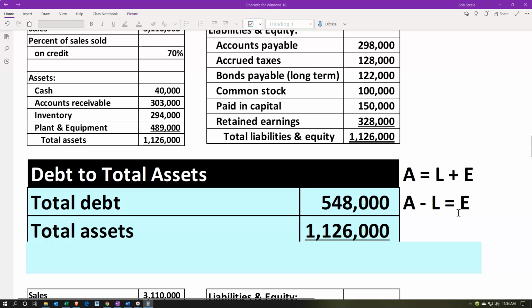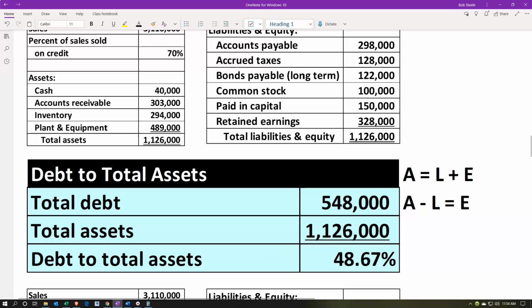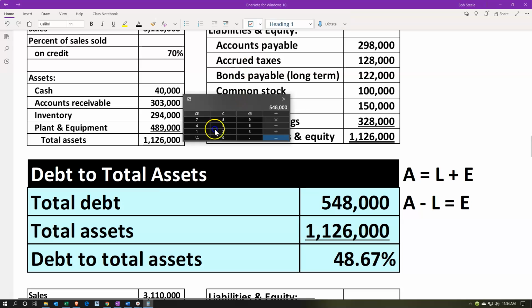But the point is that if you compare the liabilities to the assets, you're comparing the amount that the third party, the loans that are out there, have claim to the total assets, and you're dividing that out. So we're comparing total liabilities, and when you see debt, you're typically thinking liabilities, compared to the total assets. Let's take a look at that calculation just to see the rounding for it.